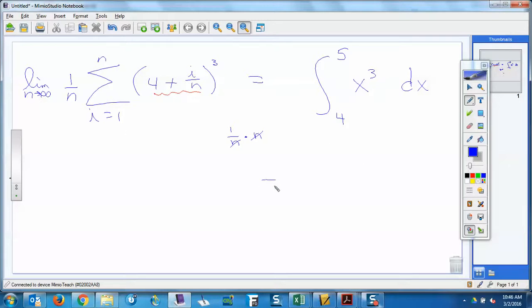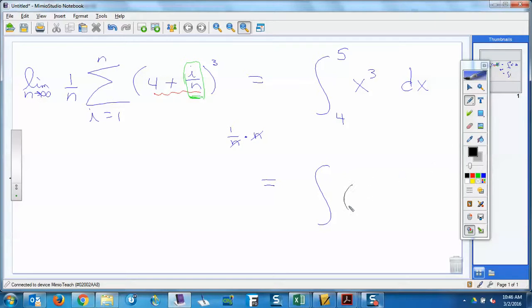Now, the other option is the thing with the shift. Some people look at a problem like this and say, here's the messy stuff, the stuff that's changing, the 1 over n, 2 over n, 3 over n. Let's let that be our x, instead of the whole thing including the 4. The x is the variable, the changing thing, so the 1 over n, 2 over n, 3 over n could be where the x is.